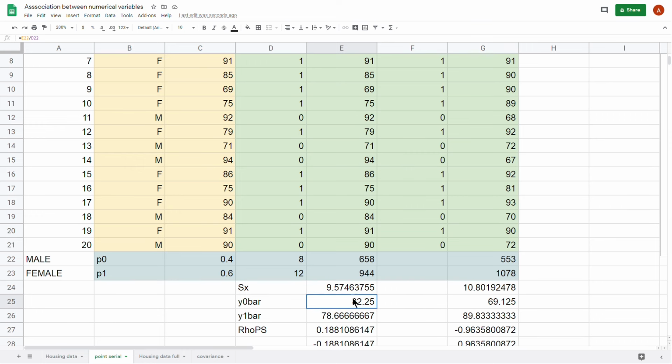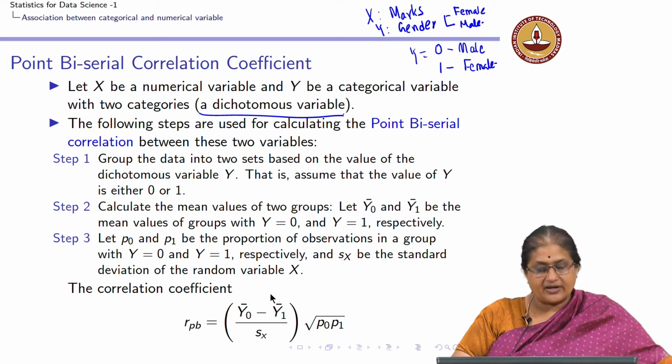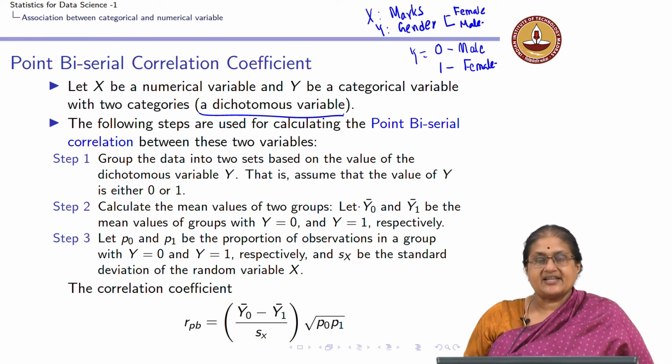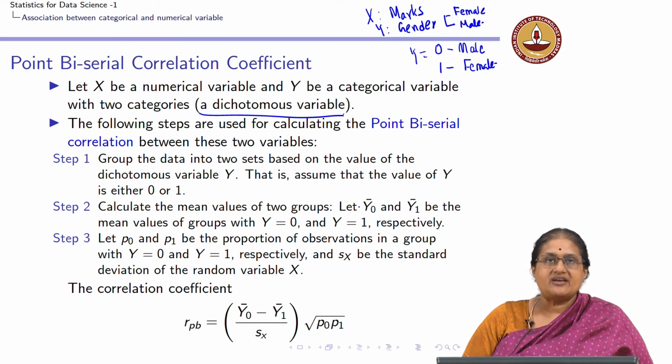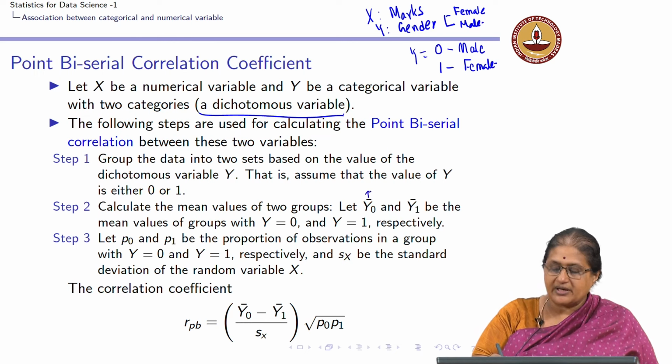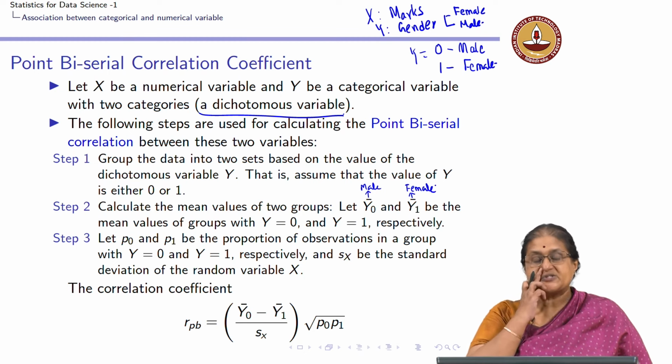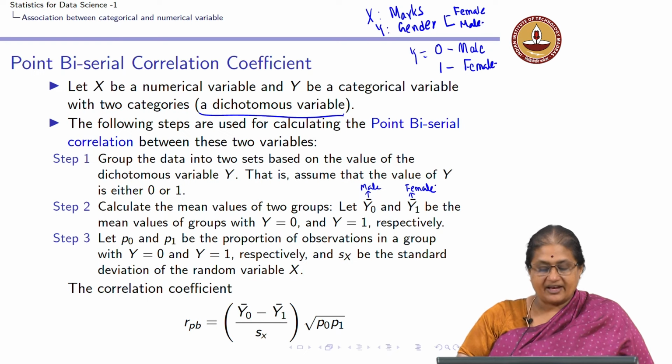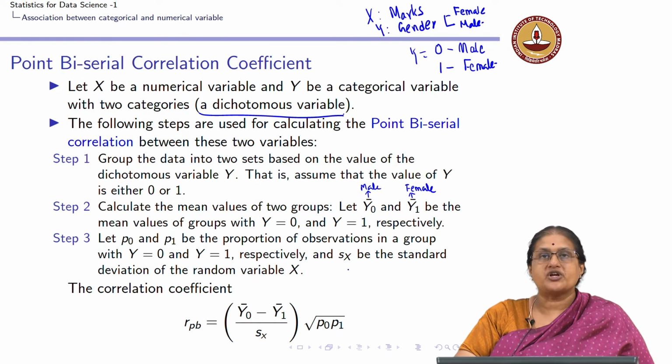Similarly, the average mark of the male students is 82.25. So, if you go back to step 2, it is saying compute y0 bar and y1 bar, which are the mean values of the groups. Here y0 bar is the mean of the group of male students, and y1 bar is the mean of the group of female students.